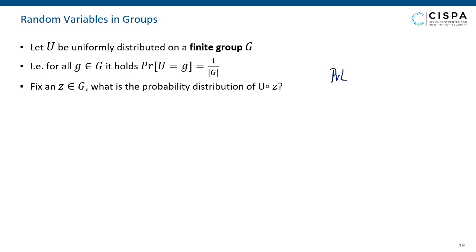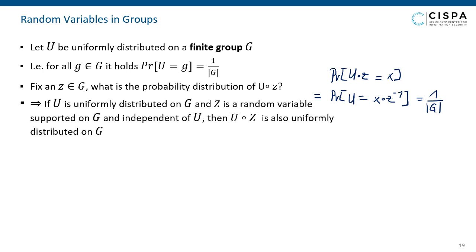So what is the probability that U times Z equals X? Now, we know that in groups there are inverses, and therefore this event is identical to the event U equals X times Z inverse.